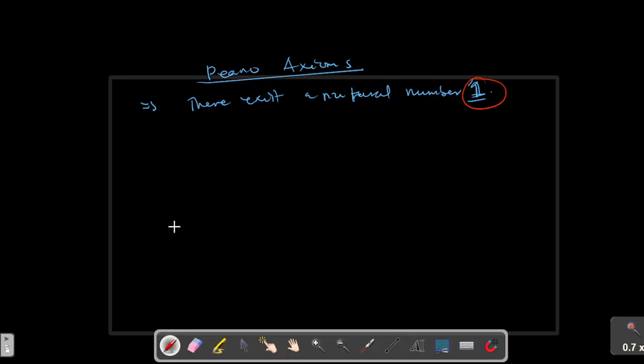So now the axioms went forward and said that every number has a successor. This may sound very vague, but what does this mean?